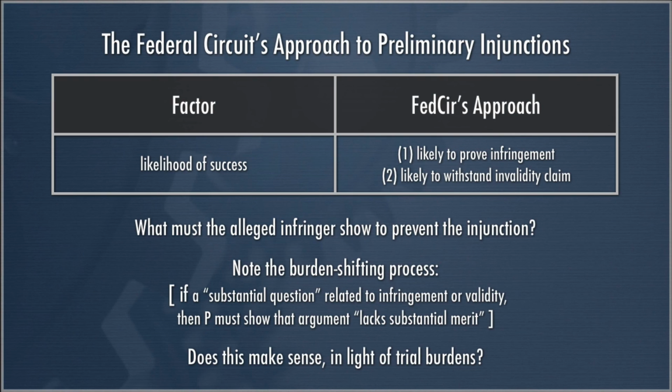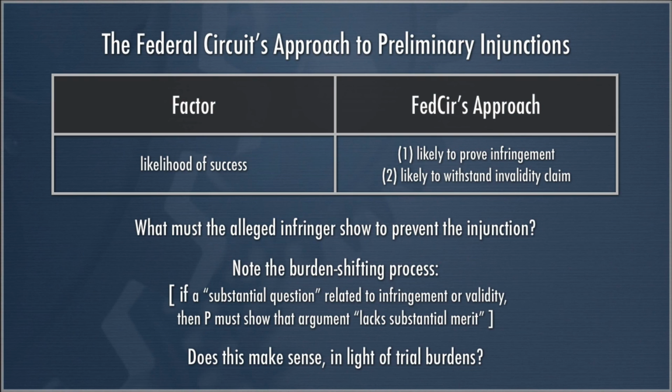Why do they think the infringer is infringing, right? And why do they think the patent is valid? And then once they've done that, the next question is to ask, well, accused infringer, do you have a defense, right? Is there a defense that you can raise that's a substantial defense?